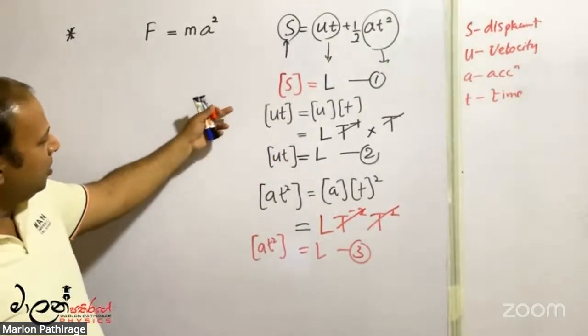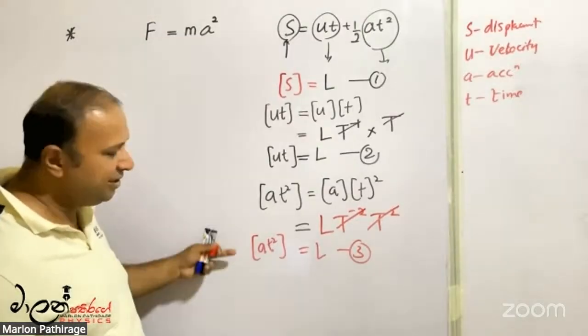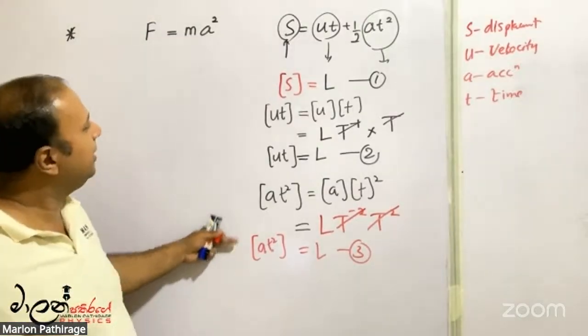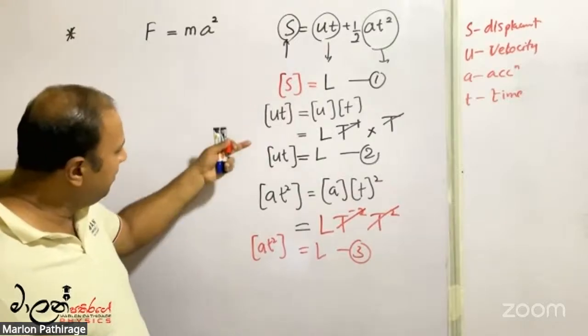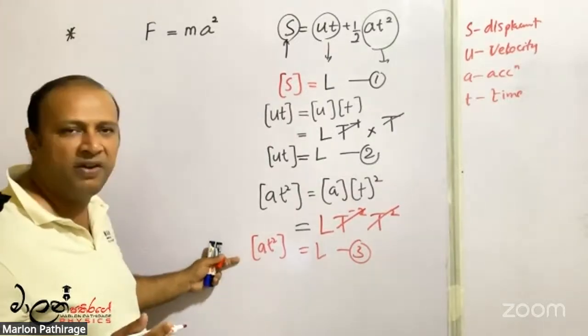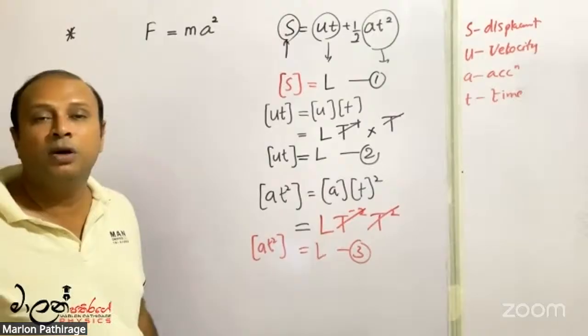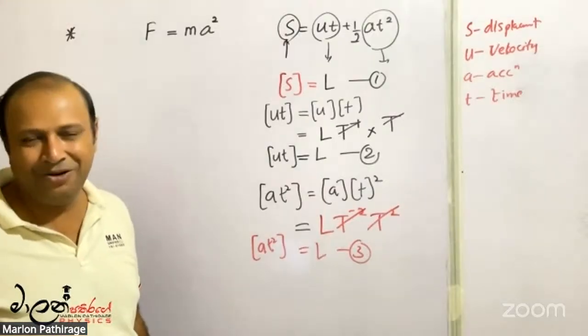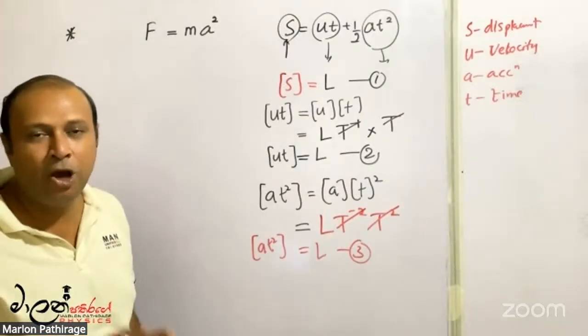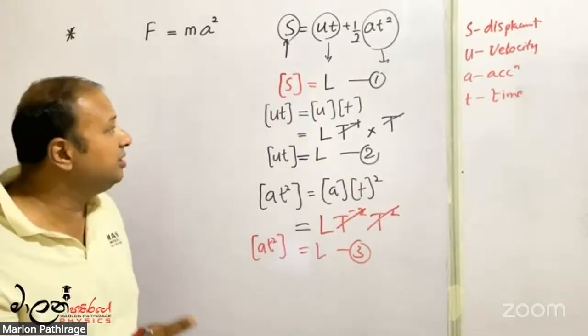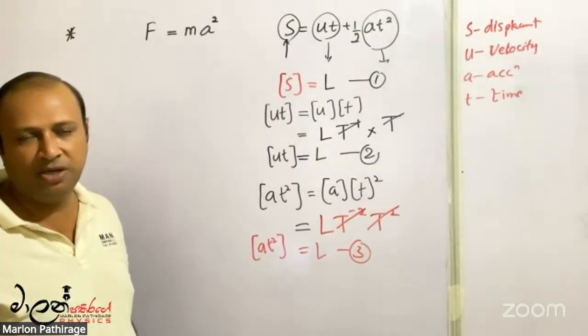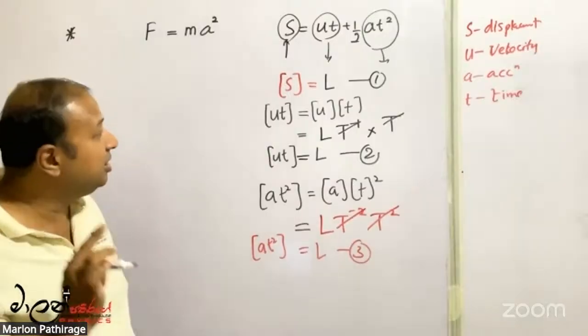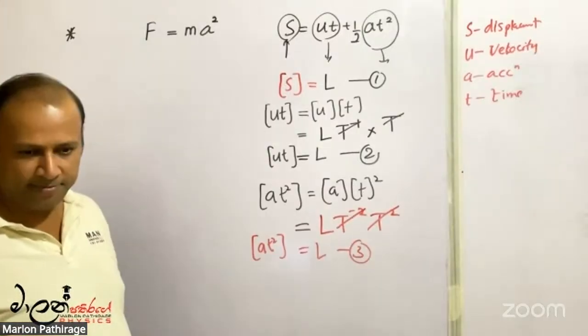Therefore, from the first, second, and third terms, it is very clear that the dimension of S, the dimension of UT, and the dimension of AT squared are all equal to L. That means all the terms have the same dimension.